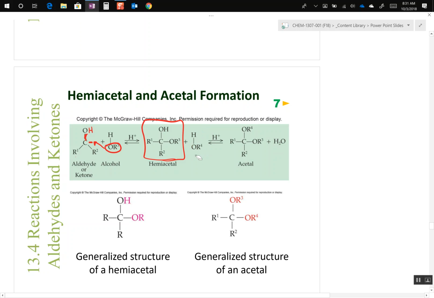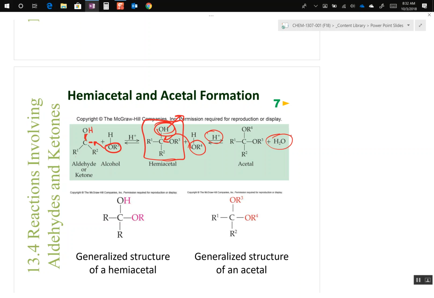Okay, it reacts with a second alcohol, probably the same alcohol as before, because that's what you're reacting it with. And then once again, the OR group here is going to come attack that carbon, releasing the OH. Okay? The OH is going to be released, and in the end here, because that OH is released and it's in the presence of an acid, you're going to form some water. Okay? You're going to form H plus OH minus forms H2O.